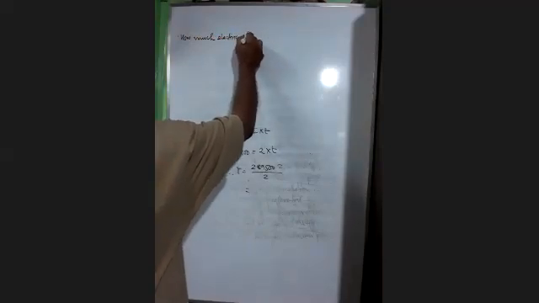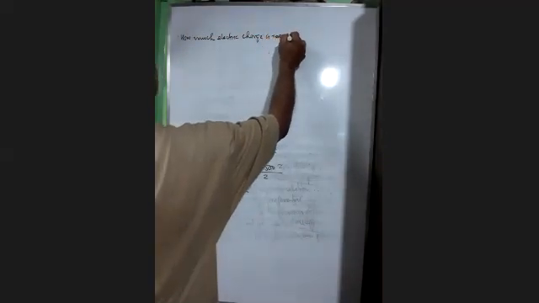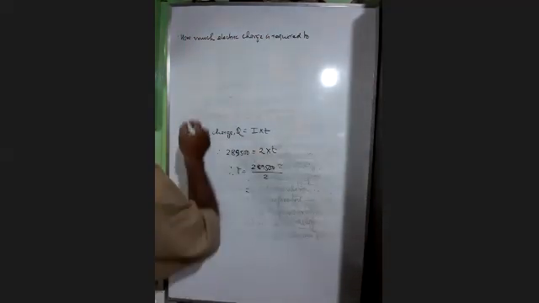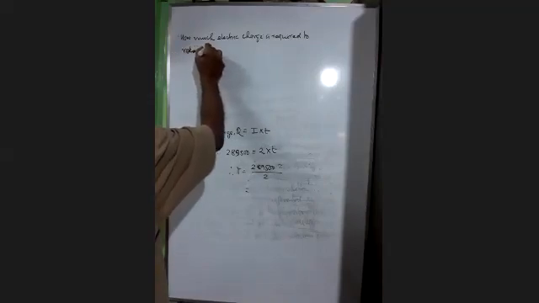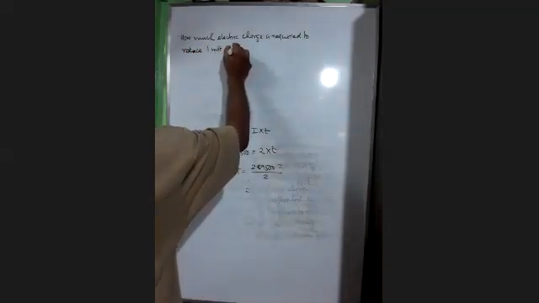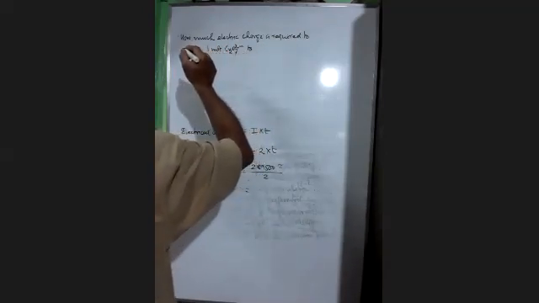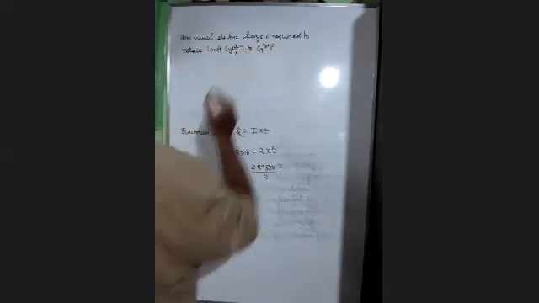Electric charge is equal to... reduce 1 mole of Cr2O7 2- to Cr3+.